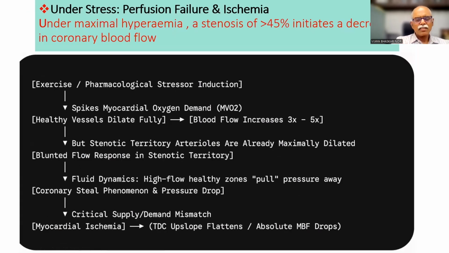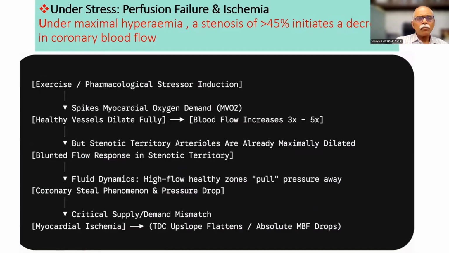But under stress or under hyperemia, when you give adenosine or when you ask the patient to do a treadmill and do the study, a stenosis of more than 45% initiates a decrease in the coronary flow, and that is what is known as the ischemic cascade.